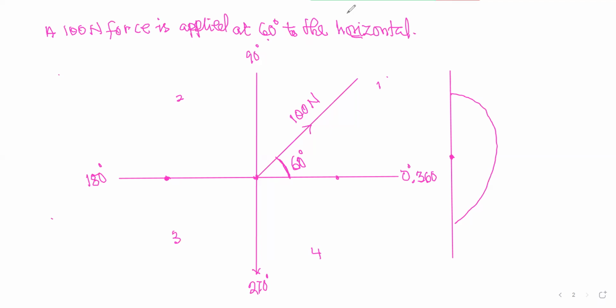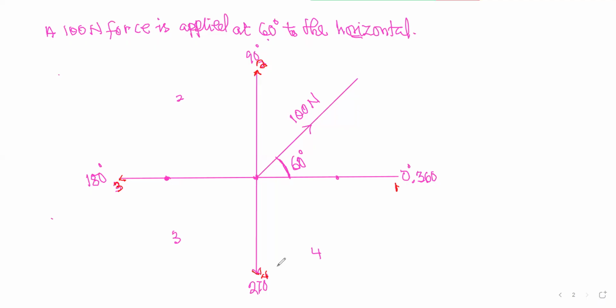Are we okay? Please note that when the force acts along any of these axes, 1, 2, 3, 4, the force or the vector will not be divided into components.